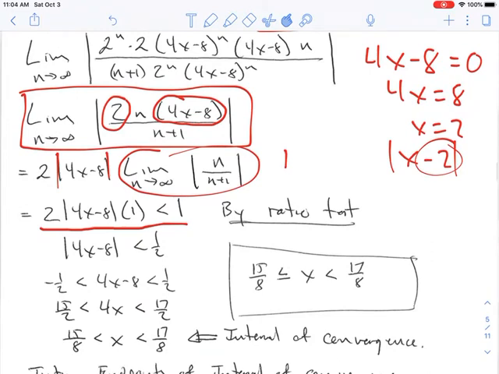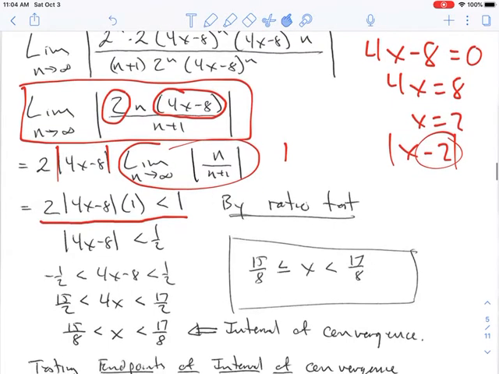If we divide the 2 into the other side, we have the absolute value of 4x minus 8 is less than 1/2. And then solving that absolute value inequality, we end up with an interval of convergence that looks like this.